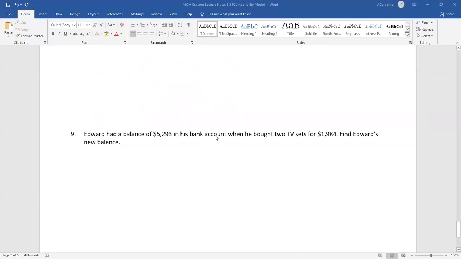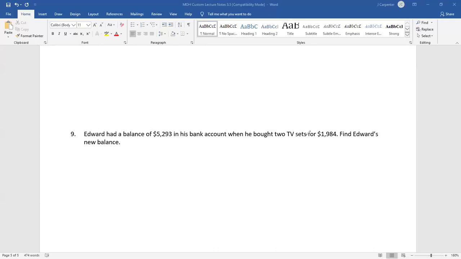Last problem of the section, number 9. Edward has a balance of $5,298 in his account, lucky Edward, and he bought 2 TV sets for $1,984. Find Edward's new balance. Now, there is a couple of words missing in this instruction, in my opinion.